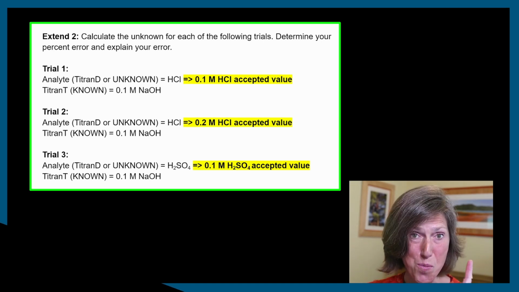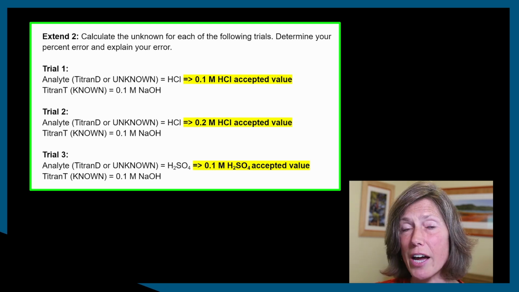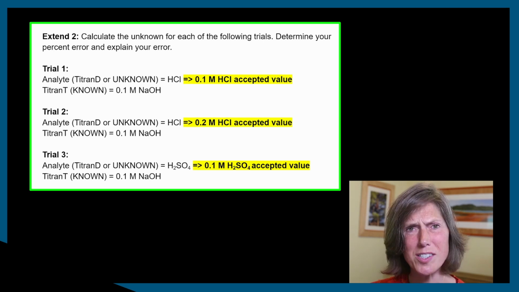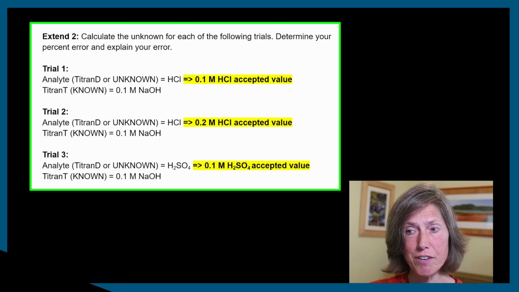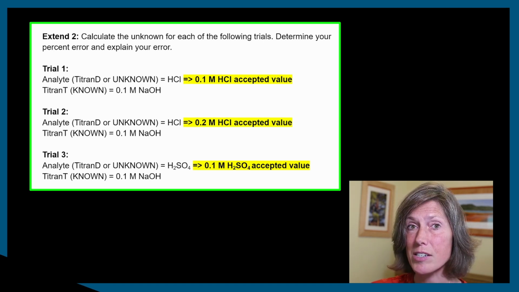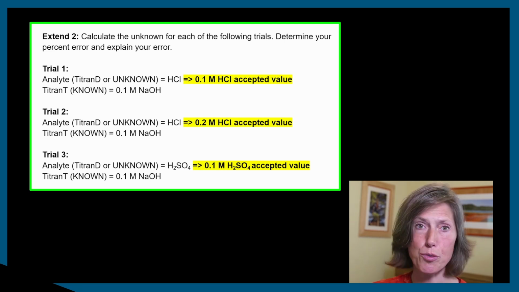So for every 1 molecule of H2SO4, 2 hydrogen ions or hydronium ions are released. What's going on here? So they're then starting to understand the difference between a monoprotic acid, like hydrochloric acid, and a diprotic acid, like sulfuric acid.